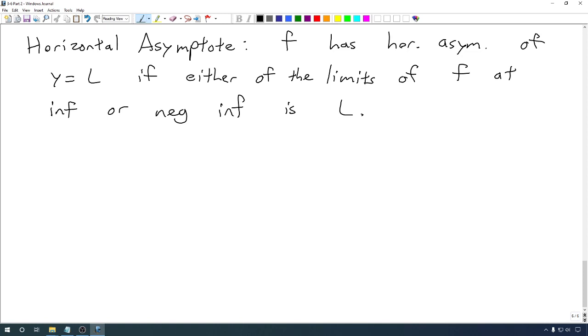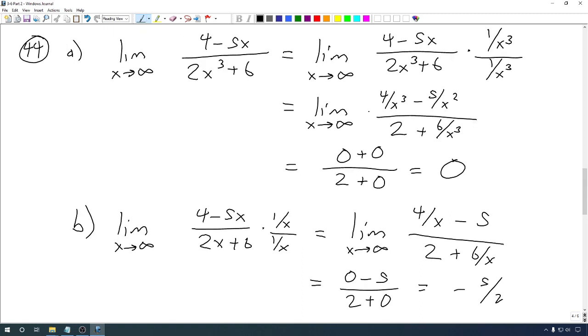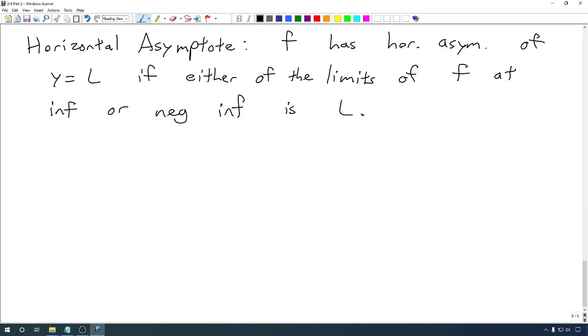In the case of a rational function, like we had in the last problem, problem 44, all these were particularly important kinds of functions. They're all a polynomial divided by another polynomial. That's what we call a rational function.